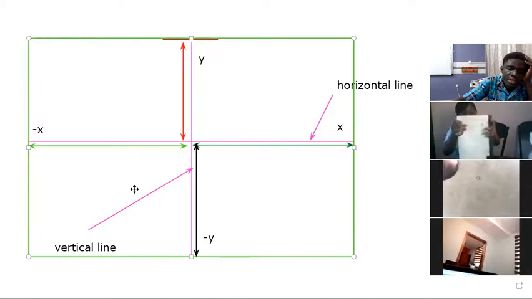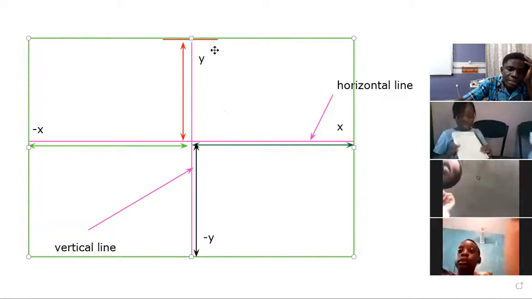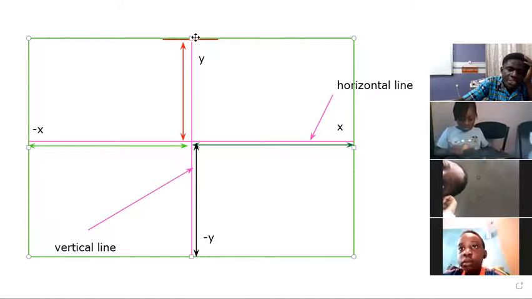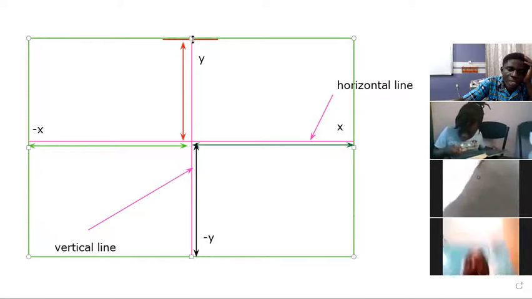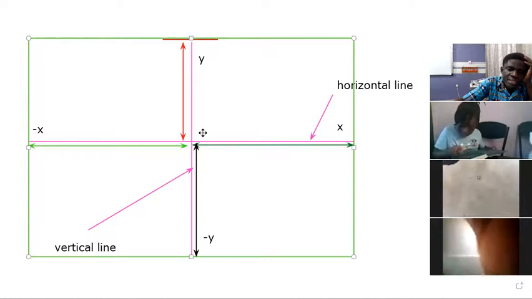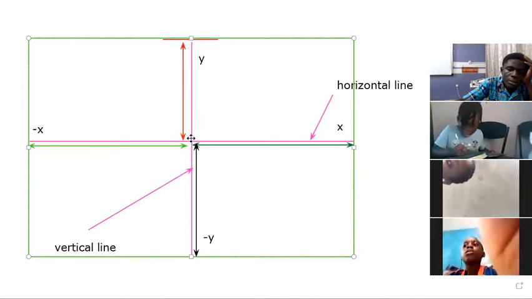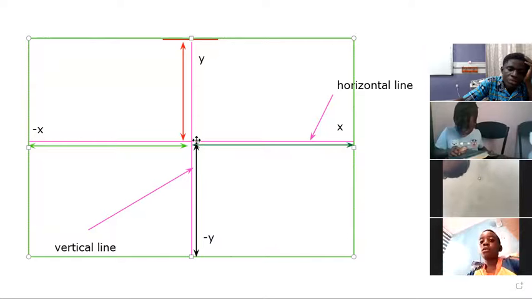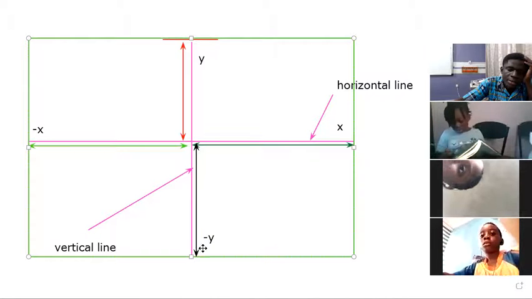Now you can see the Y. The Y part of our line is from up here to the center here. And then the negative Y line is from the center here to down here.